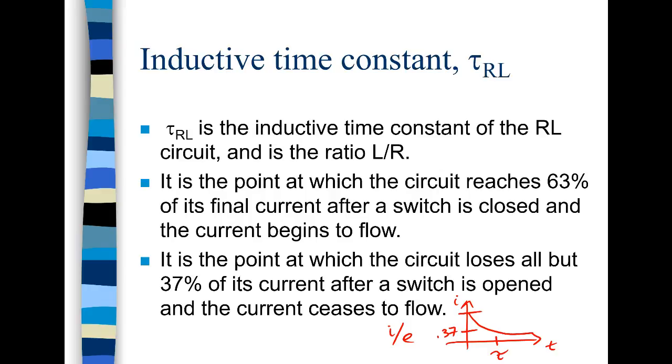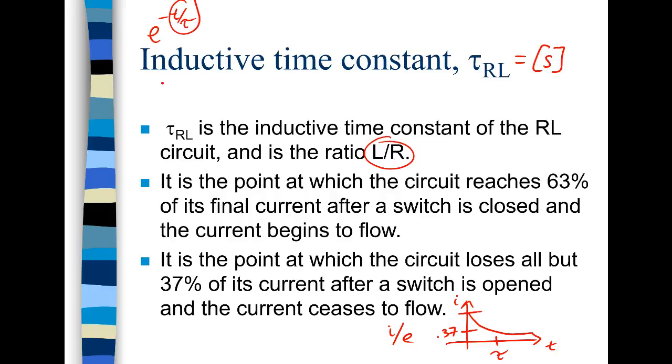But one thing that you might be wondering is, how is it possible that L over R is actually equal to seconds, because we have e to the minus t over tau, and so tau has to be in units of seconds. So how is that actually possible? Well, let's try this real quick.